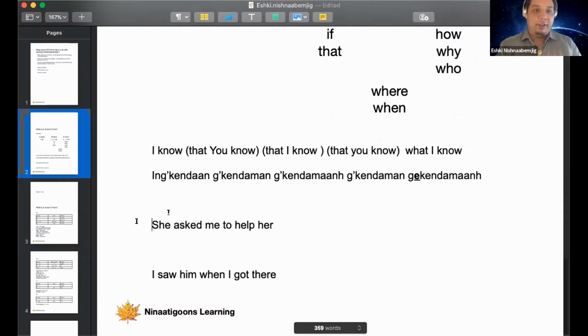There's nothing in front. And Miigwech. We nadamo with. So there's no such thing as an unconjugated verb in Anishinaabe.